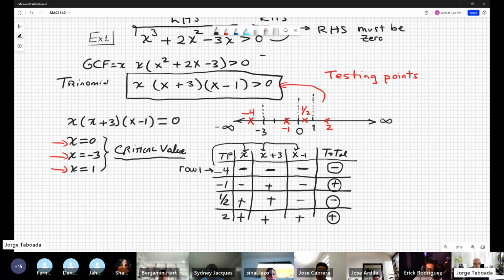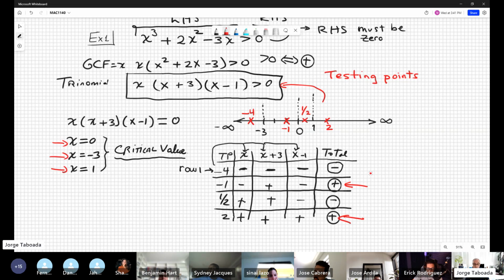And to be greater than 0 is equivalent to being positive. So the true statement in the table is the positive. So this is true, and this is true. Basically, the testing points that pass the test are -1 and +2. -4, no. And 1/2, no, no good.